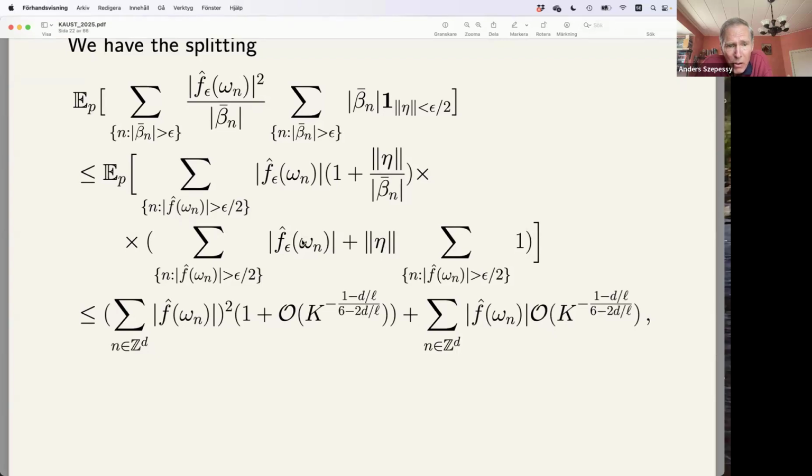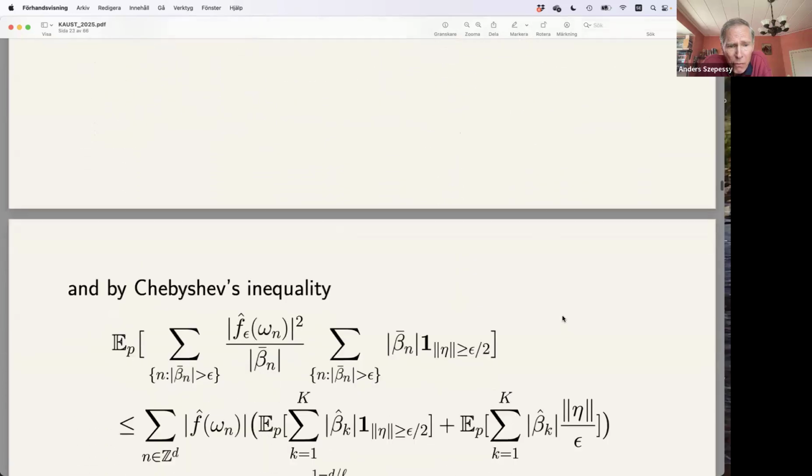So here is the first part with the Fourier coefficients, and then we have the eta, and the eta we sum over all things where, when eta has this bound, we know that the exact Fourier coefficient has to be bigger than epsilon over 2. And then when one multiplies out here, we get this one times that one, which is the optimal, the sum of the Fourier amplitudes squared. And then the other terms with eta, these are small, tending to 0, asymptotically. So that's the first part of the proof.